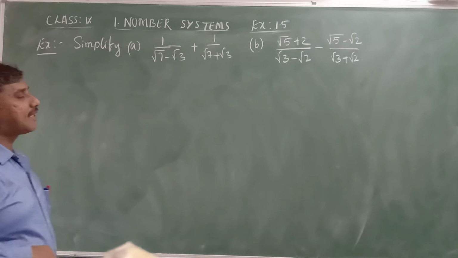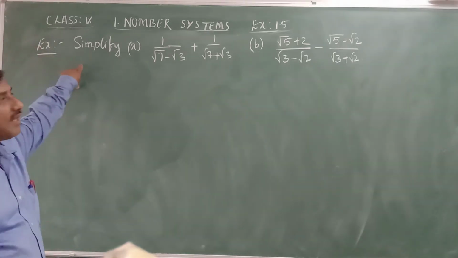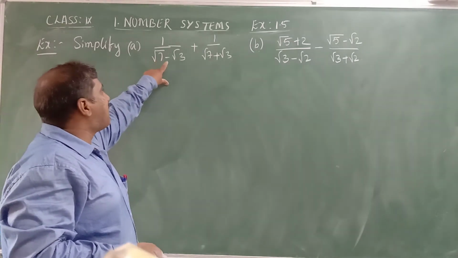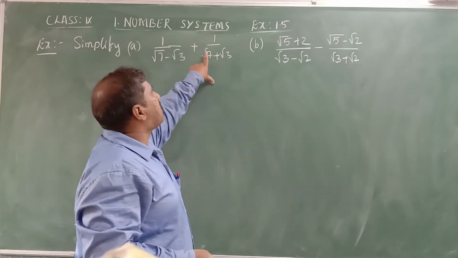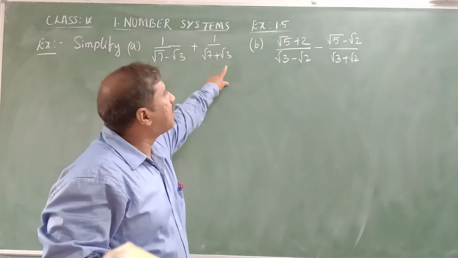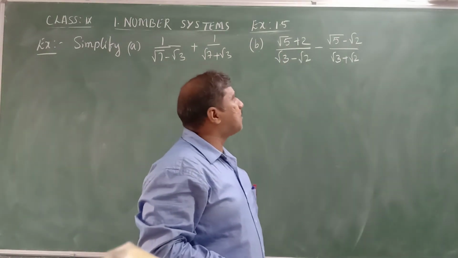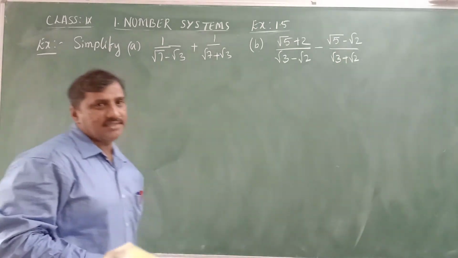Yes, we will discuss one more example. Simplify. First bit: 1 divided by square root of 7 minus square root of 3, plus 1 divided by square root of 7 plus root 3. B bit: root 5 plus 2 divided by root 3 minus root 2, minus root 5 minus root 2 divided by root 3 plus root 2.